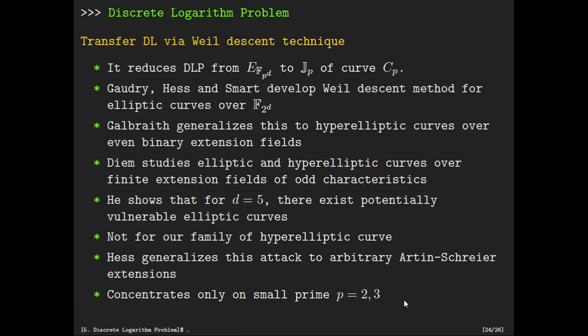Now this Diem's attack is not applicable for our family of hyperelliptic curves. Hess generalized this attack to arbitrary Artin-Schreier extensions, but he concentrated only on small primes p equal to 2, 3, not a 32-bit prime.